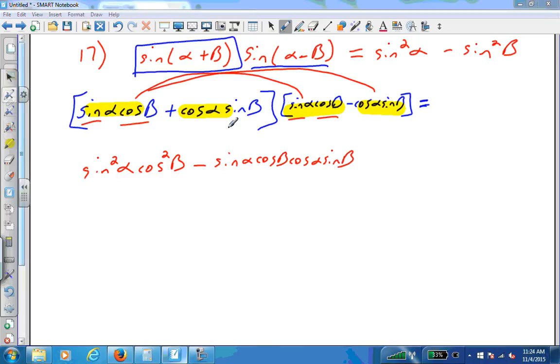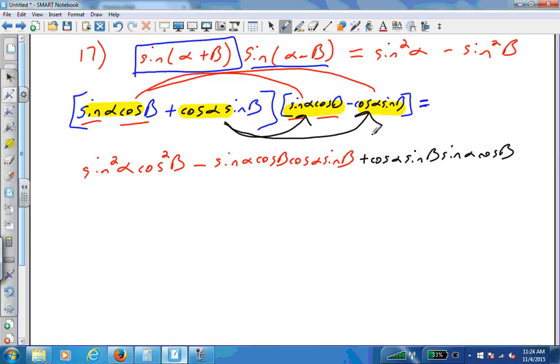So then we need to distribute here. Same thing. Cosine alpha, sine beta, cosine beta. Positive times positive is positive. Cosine alpha, sine beta, sine alpha, cosine beta. So all of that's multiplied together. Then we have that product.